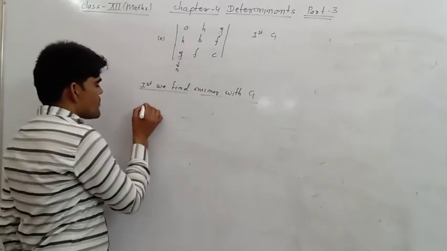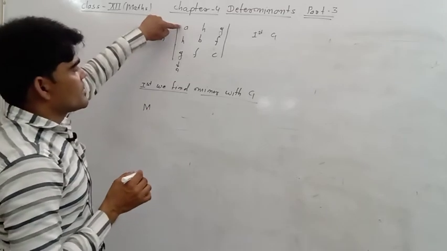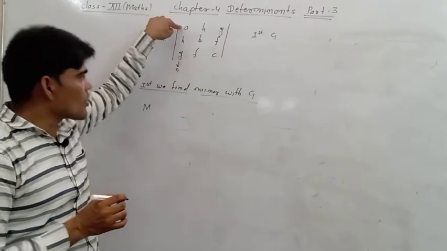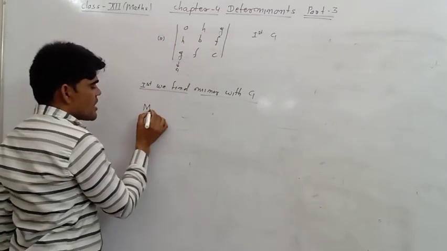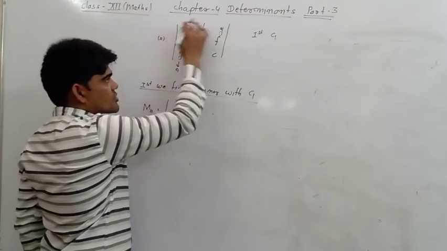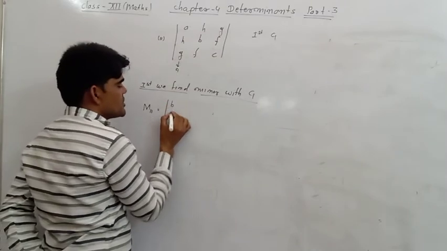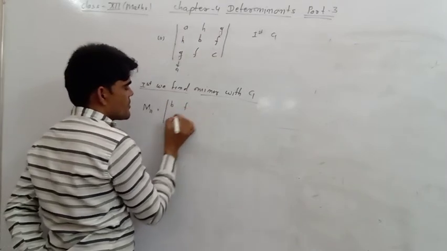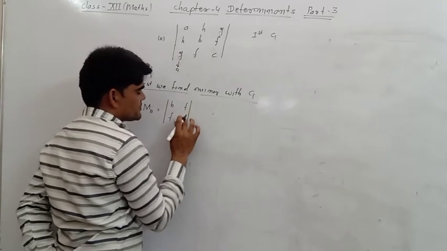Then M11, this is the first column. This is first column. Okay, then M11 equals to the first row is deleted and first column is deleted. Then we find B, F, F and C. This is the minor.